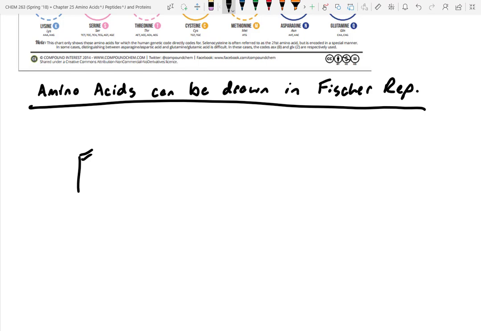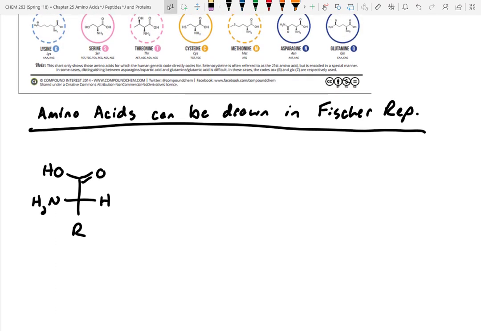So for example, you always put your carboxylic acid off the top. And you put your R group down here, sorry. And then you've got a hydrogen here. And your amine over here. So the R group identifies the amino acid.